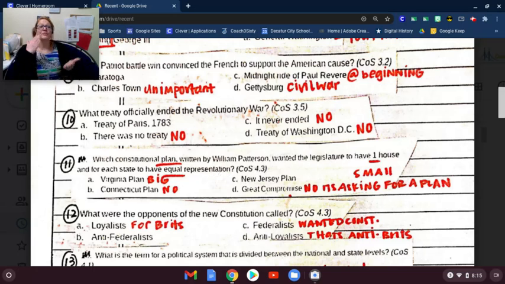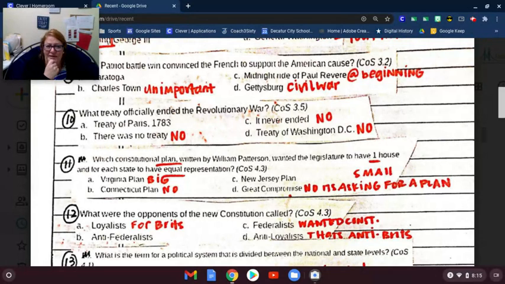So which plan written by Patterson, which you may not know who that is, wanted the legislature to have one house and for each state to have equal representation. Equal representation. So it's not based on population. So A, Virginia plan. That was the big plan. Remember, Virginia was the big state.